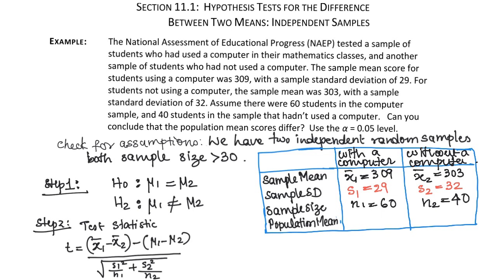In both cases, the population mean is unknown: mu1 is unknown and mu2 is also unknown.